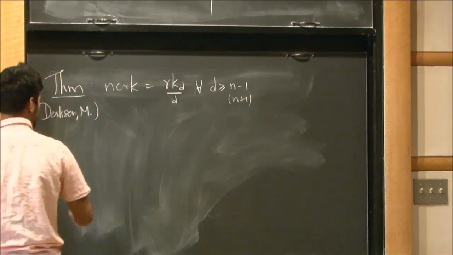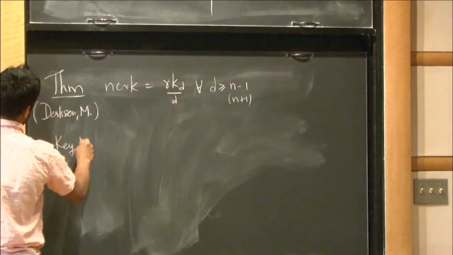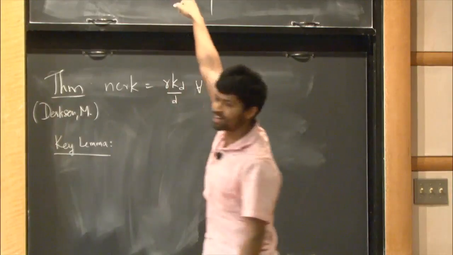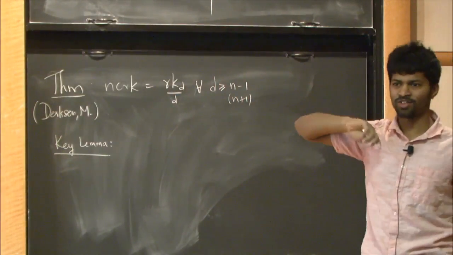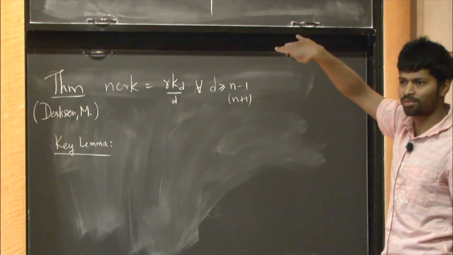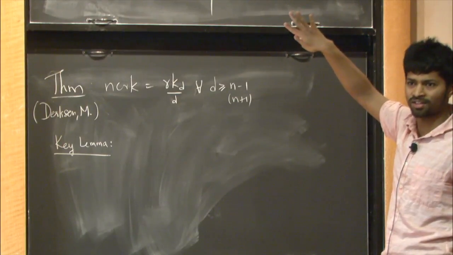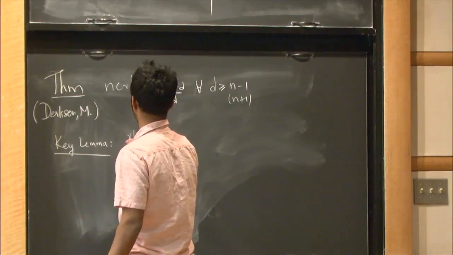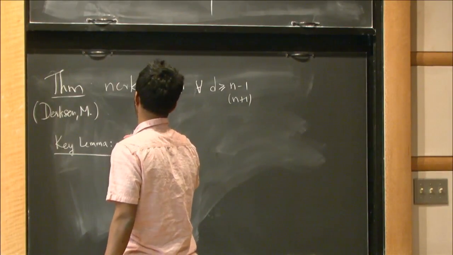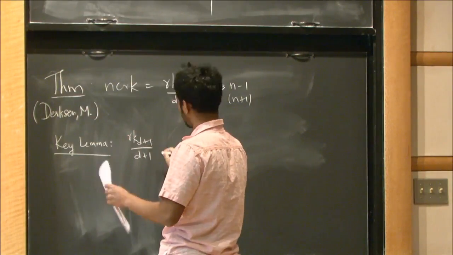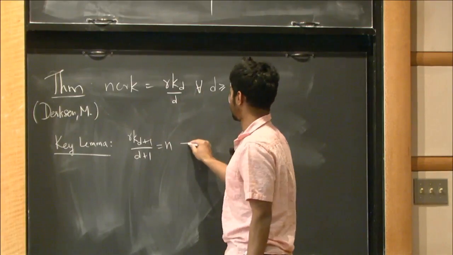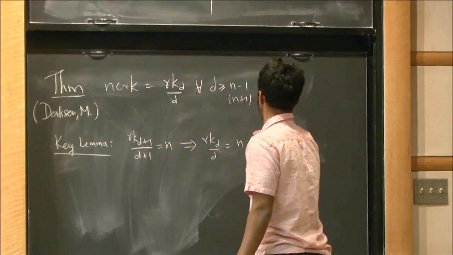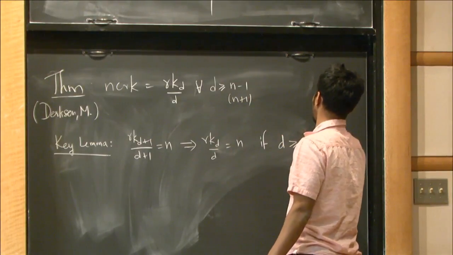Before I give you the proof, let me tell you what the key lemma is. The key lemma is to kind of do that upward lemma backwards. So what did I do? I said, look, you have some rank d over d is some number. Then when you go one up, it's at least as much as k. I'm going to go back. So the key lemma is going to be that if rank of d plus 1 over d plus 1 is equal to n, is full, that means that rank of d over d is also full if d is greater than or equal to n plus 1.